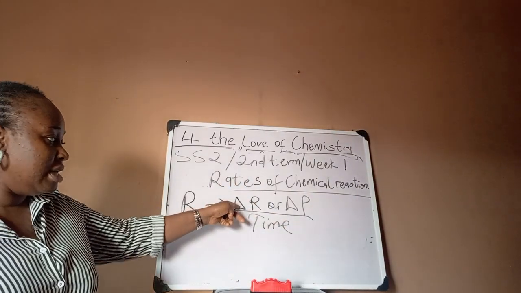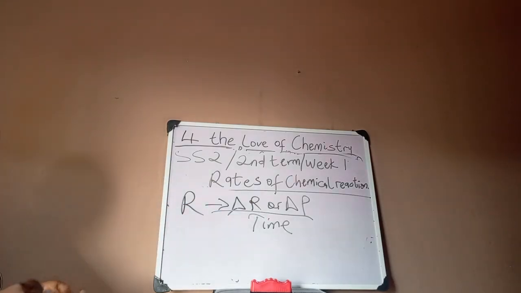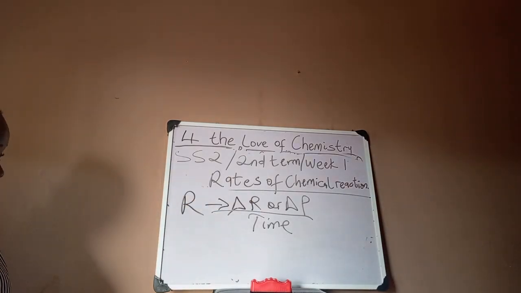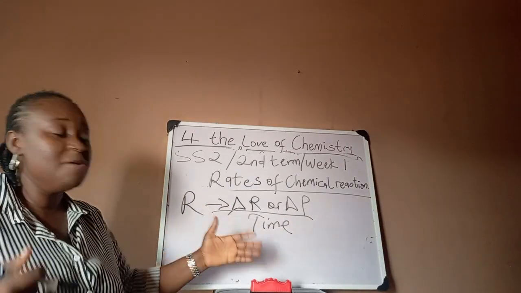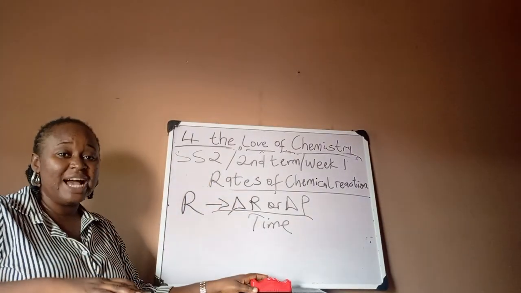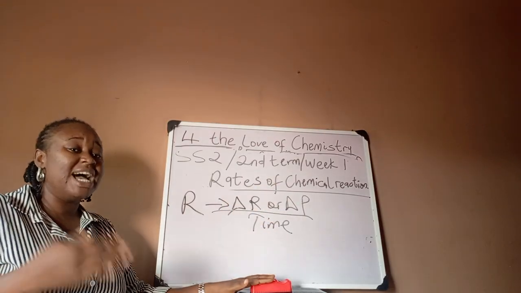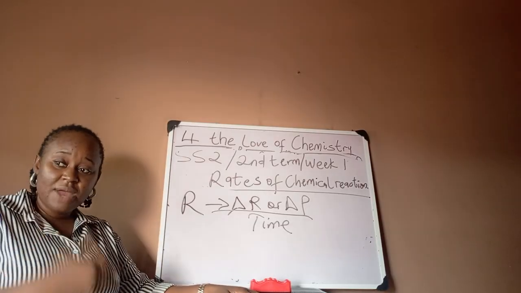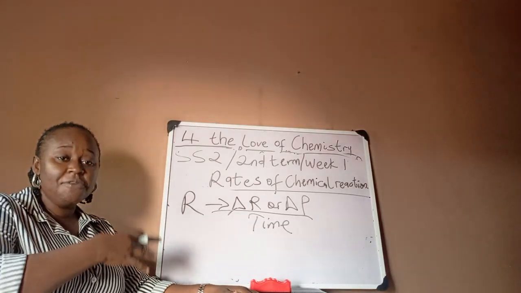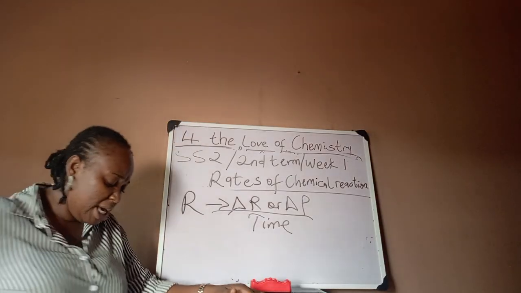So this delta shows change in the reactants or products per unit time. So depending on whichever one you're using to measure it, for instance, if you are using reactant, you will be checking the rate at which the reactant decreases. If you are using product, you will be checking the rate at which the product increases, because when a reaction is proceeding, the reactant is moving from being a reactant to becoming a product. So the reactant will be decreasing while the product will be increasing.